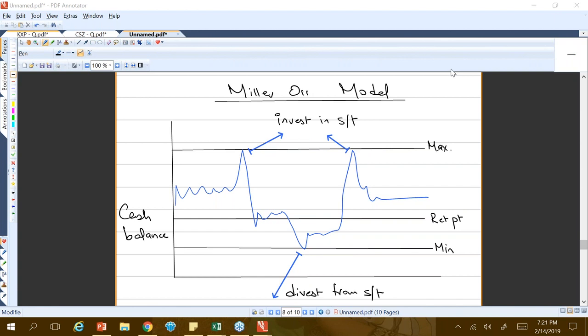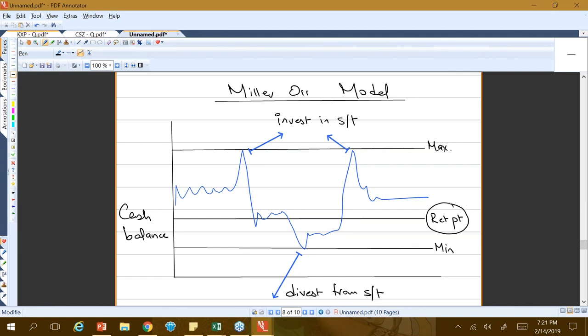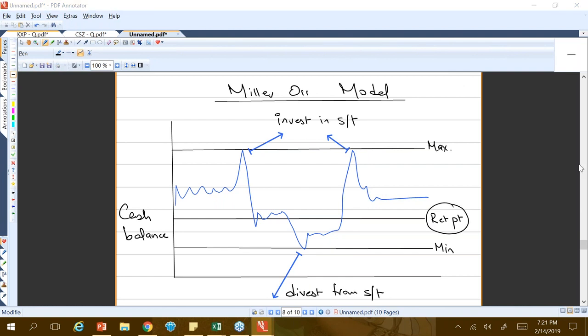Because the senior management sets them so that the staff know what they have to do and when. Whenever the cash hits the maximum limit, invest. Whenever the cash hits the minimum limit, divest, take the money out of the markets and put it back into the bank account. The return point is like the safety point, which they must try to maintain.